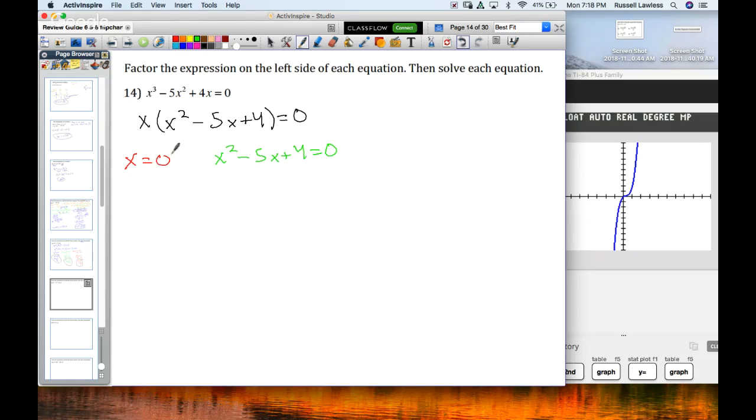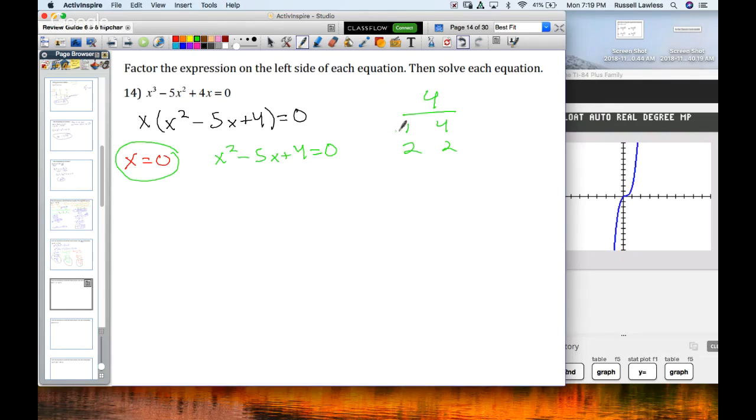Now with x equal to 0, I can just let that be as is. That's fine. That's one zero. And so to find the other zeros here, I need to factor this. So we're going to look for something that multiplies to 4 and adds to negative 5. Now the multiples are 1 and 4, 2 and 2.